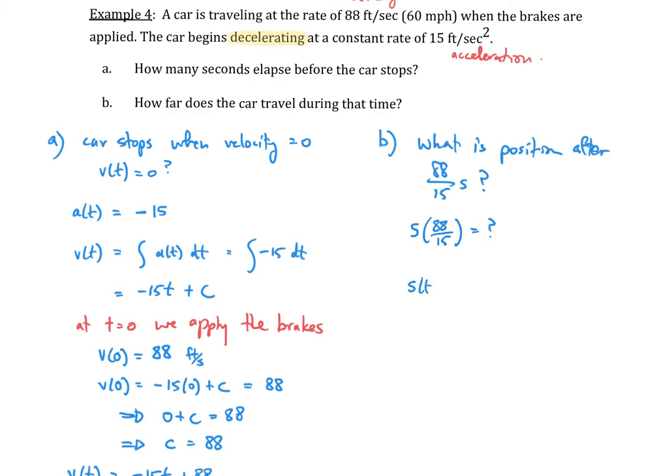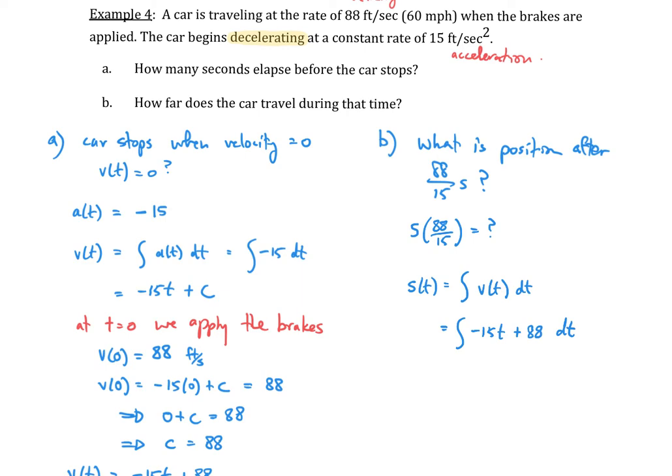So our position function is going to be equal to the antiderivative of the velocity with respect to t. And that just means you're finding the antiderivative of negative 15t plus 88. Okay? You always want to put the dt at the end.